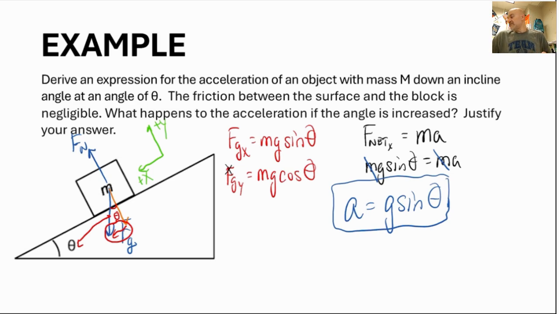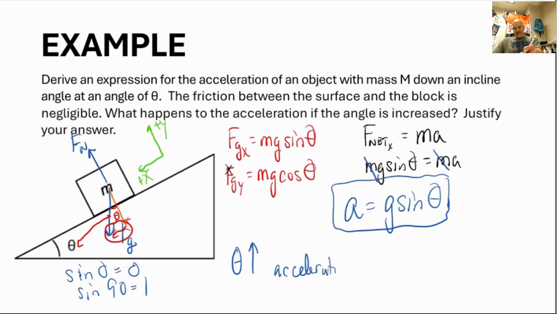The question becomes, what happens to the acceleration when we increase theta? If we go from 0 degrees up, remember sine of 0 equals 0, and sine of 90 equals 1. As we increase the angle, our acceleration also increases.